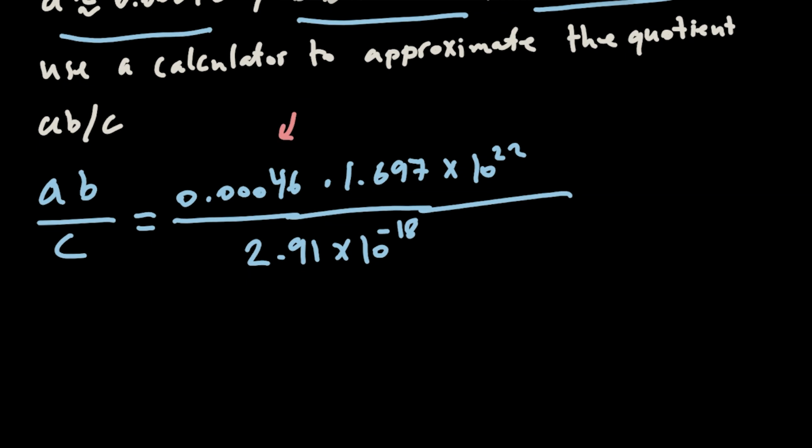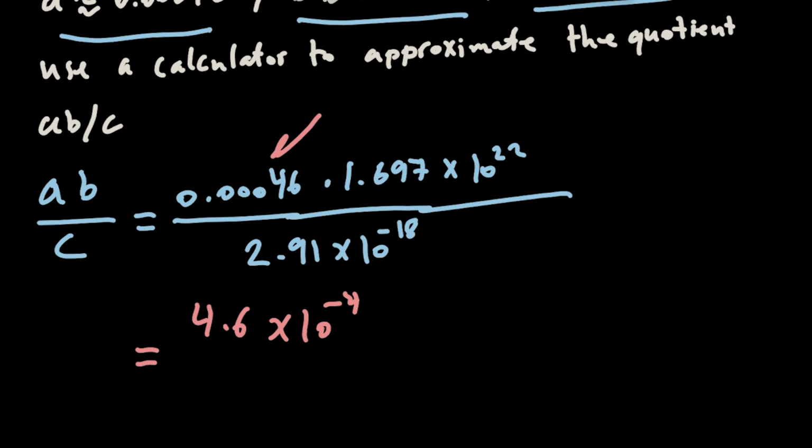If you can notice here, this number is not following the scientific notation rule, so we have to convert it into scientific notation. So we will have 4.6 multiplied by 10 to the power minus 4.